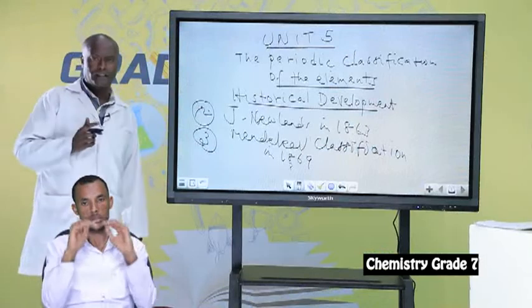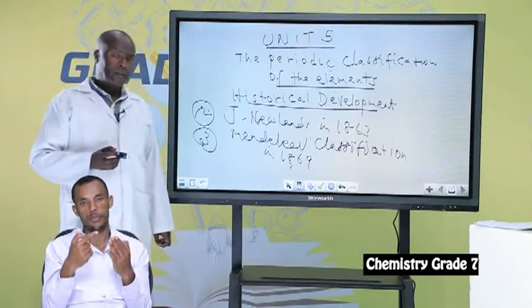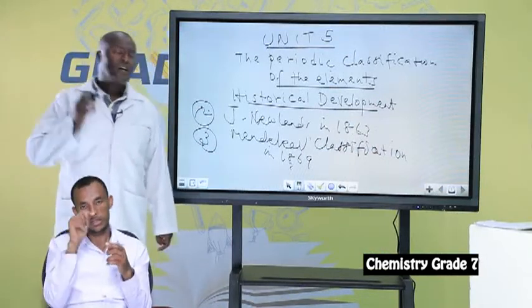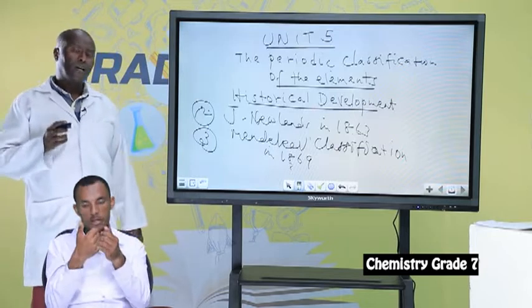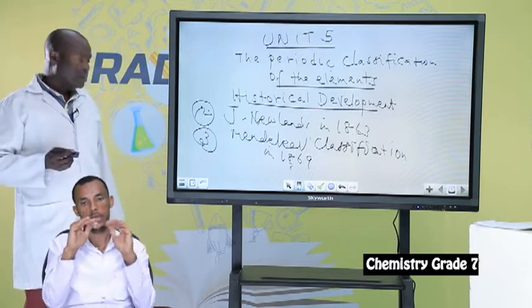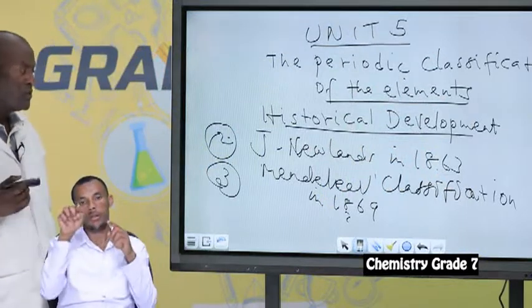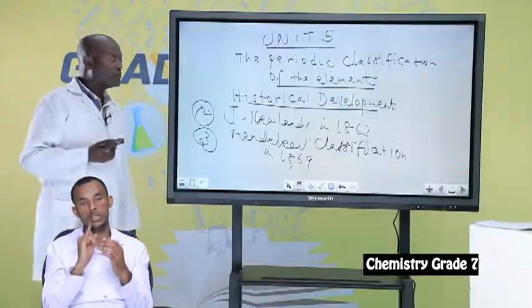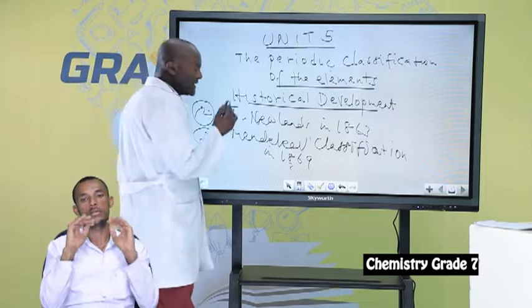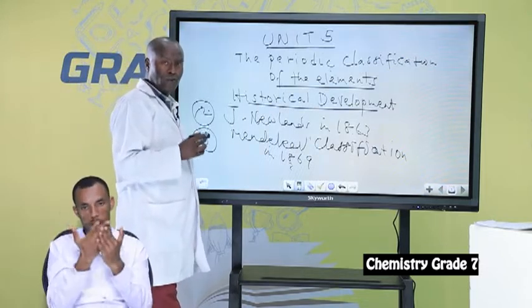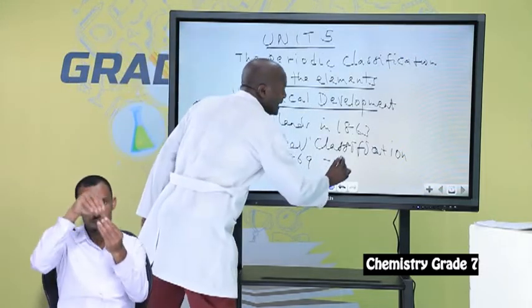In Mendeleev's periodic table, the elements are arranged in order of increasing atomic mass. That means the basis for the classification of elements is atomic mass.